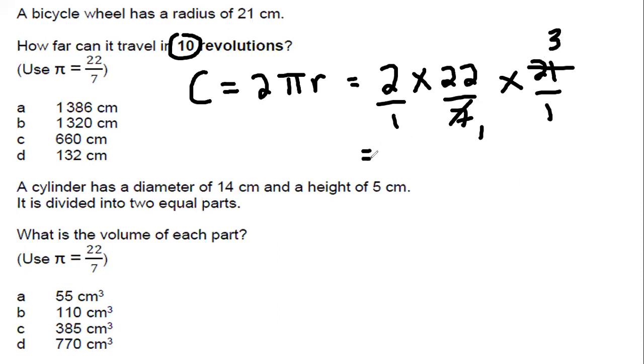Somebody compute this for me, please. 2 times 22 times 3. 132. So the bicycle wheel will travel 132 centimeters in one turn. But how many times does the bicycle wheel turn? 10 times. All right, so what's our answer? 1,320. Beautiful.